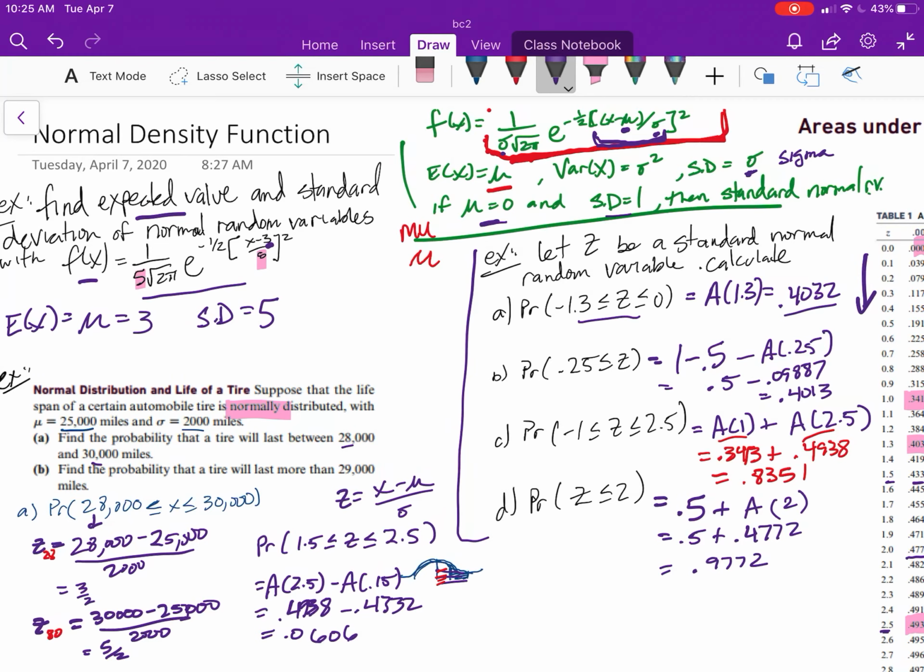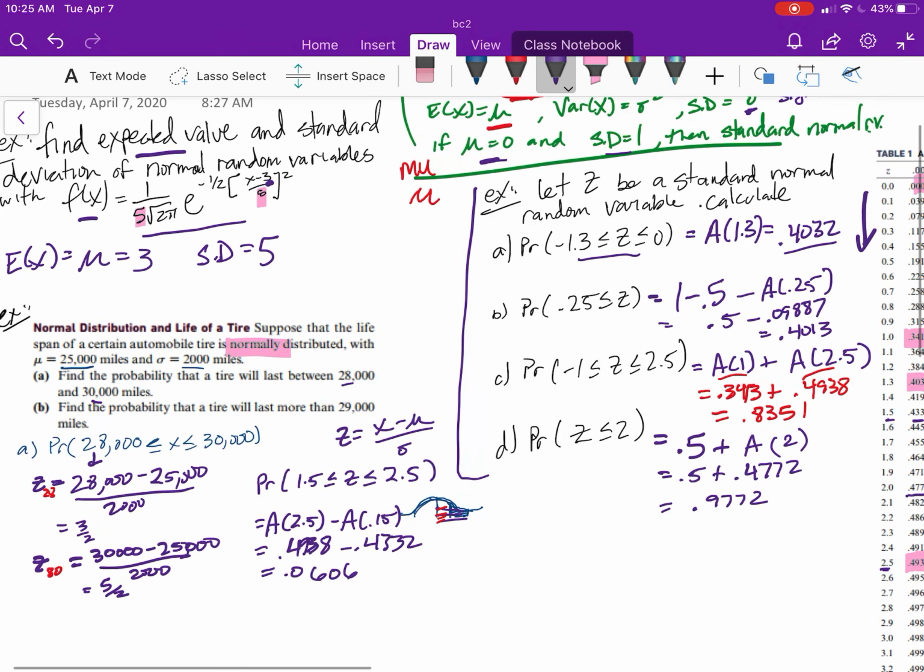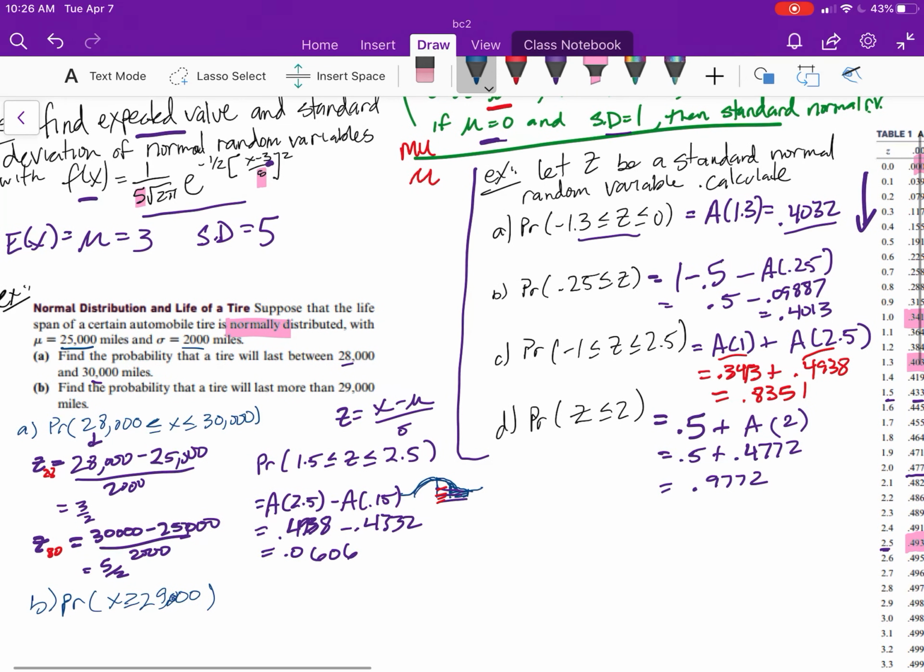Part B, find the probability they'll last more than 29,000 miles. Okay, B, probability that x will be greater or equal to 29,000. So now I need the z-score for 29,000. Same process.